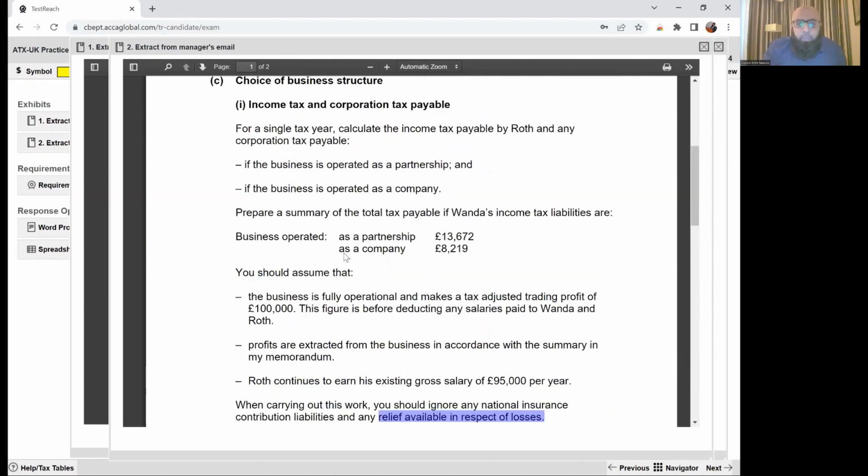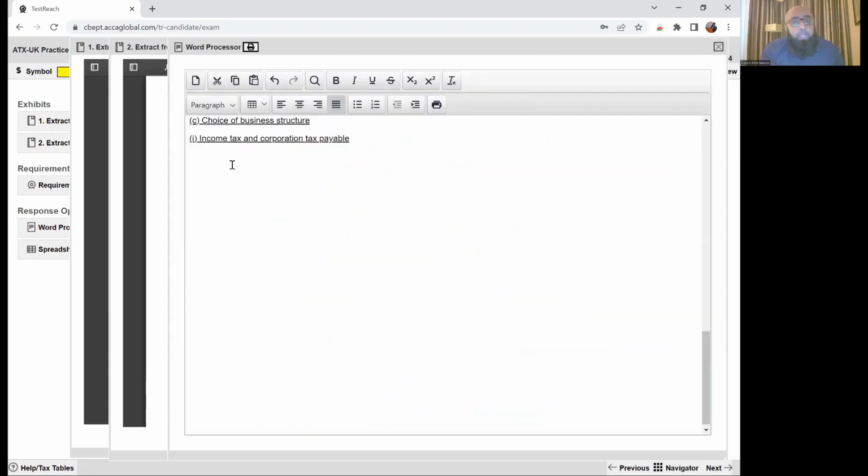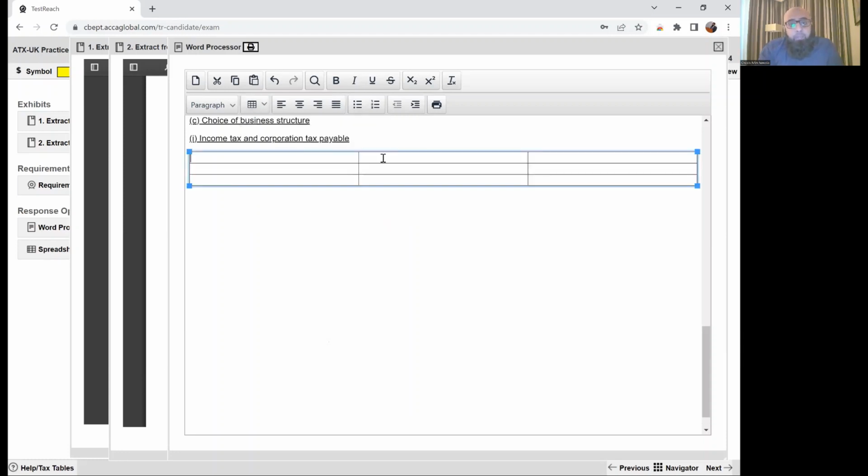I don't think it will be very difficult, but let's see how it appears. Let's make the summary table first, to see what it will look like. The first column is if operated as a partnership, and the second column is if operated as a company. Income tax payable by vendor.